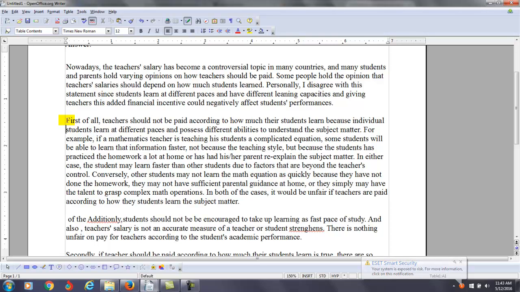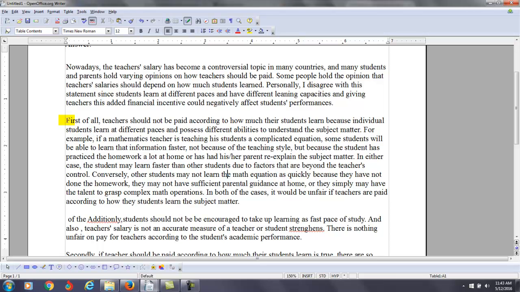So we have, for example, if a mathematics teacher is teaching his students a complicated equation, some students will be able to learn that information faster, not because of the teaching style, but because the student maybe has practiced the homework a lot at home, or has had his or her parent re-explain the subject matter. In either case, a student may learn faster than other students due to factors that are beyond the teacher's control.